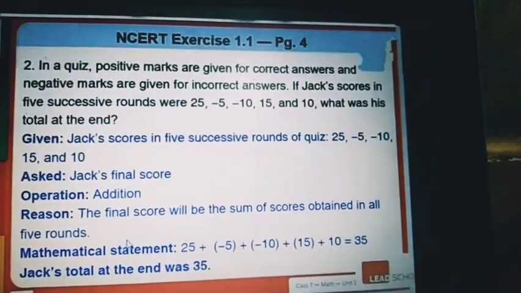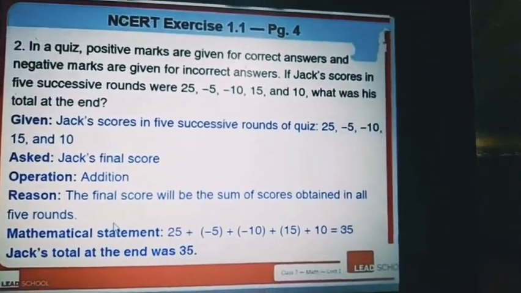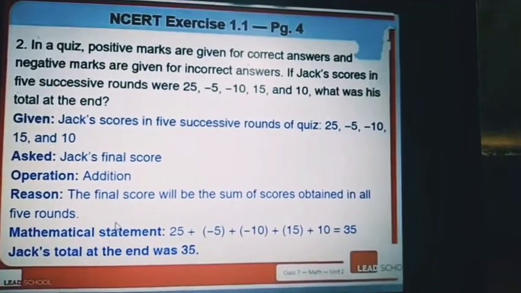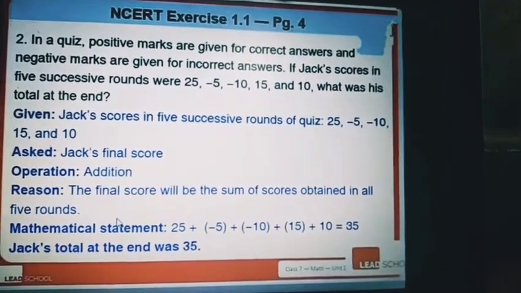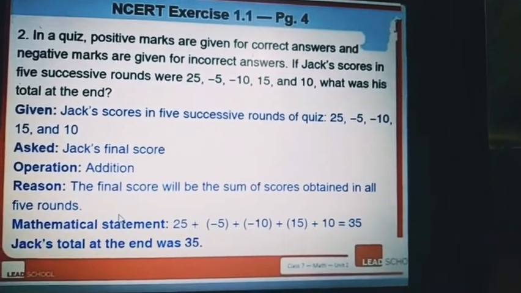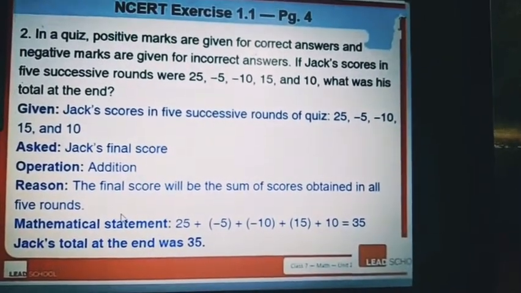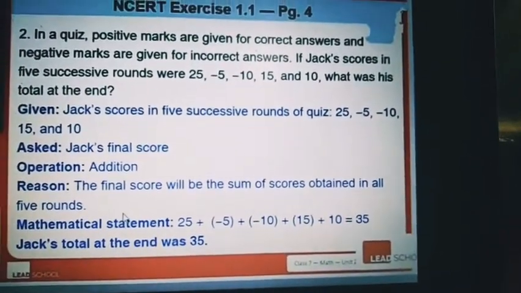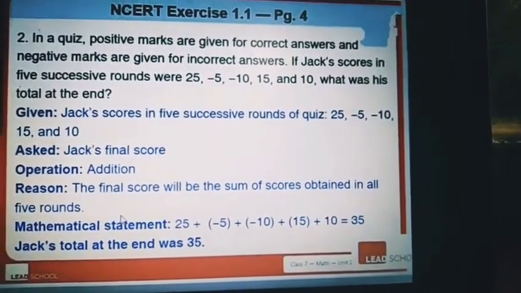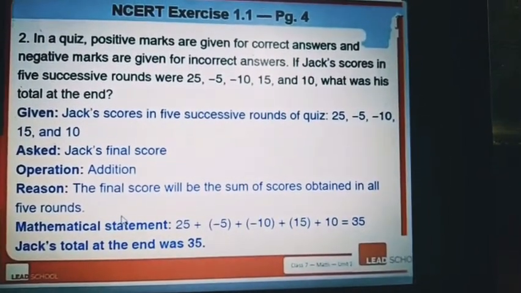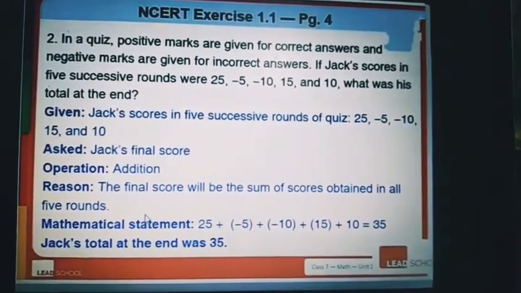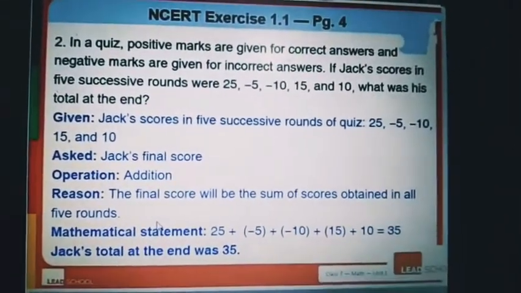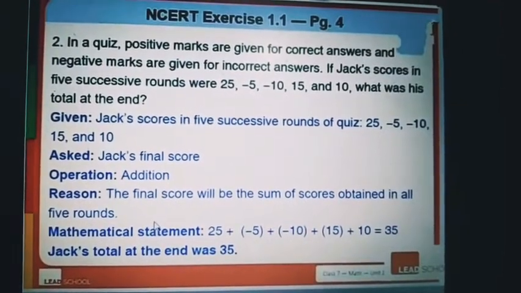So the third one is from your NCERT textbook, exercise 1.1. I think you have already written it in your classwork. Just we'll see a small recap of it. In a quiz, positive marks are given for correct answers and negative marks are given for incorrect answers. If Jack's scores in 5 successive rounds were 25, minus 5, minus 10, 15 and 10, what was his total at the end?